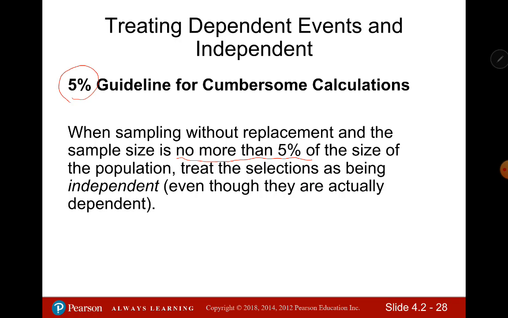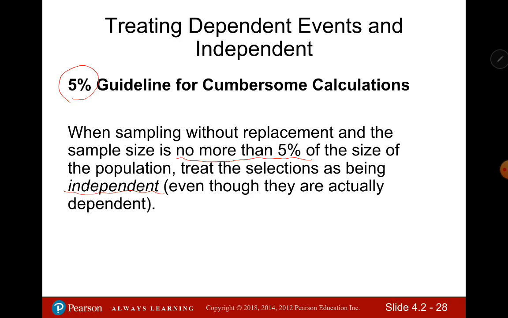So if we have 100 subjects in our population, but we only pick 4 or 5 as our sample, then we can treat this kind of situation as independent. We can treat the selections as independent even though they are actually dependent.